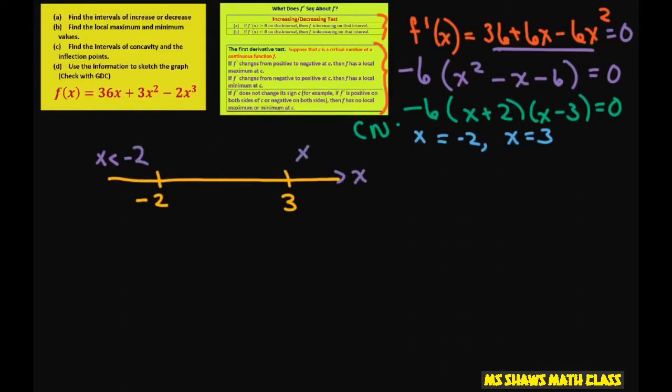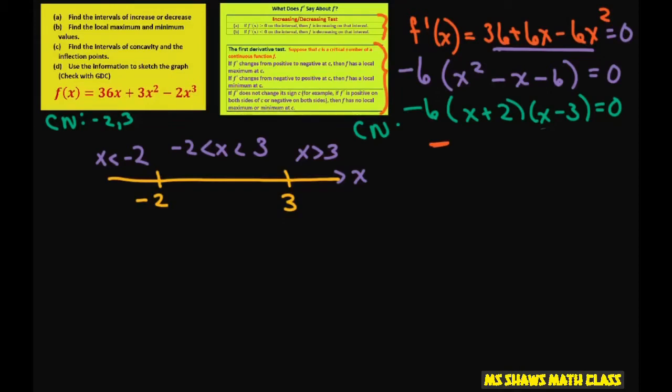When the number is bigger than 3, and when the number is in between negative 2 and 3. I already have my critical numbers, negative 2 and 3, written down. So basically, we already have a negative here. So I'm going to keep that negative there.